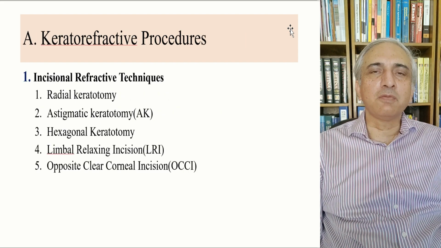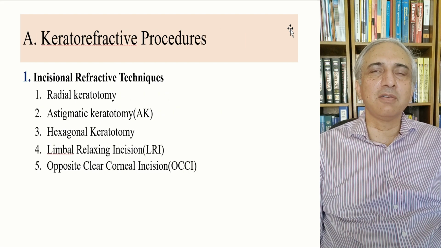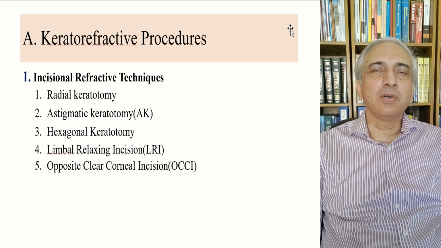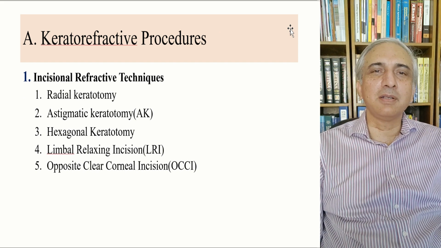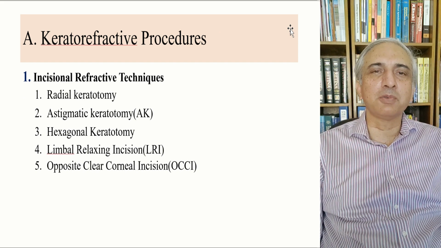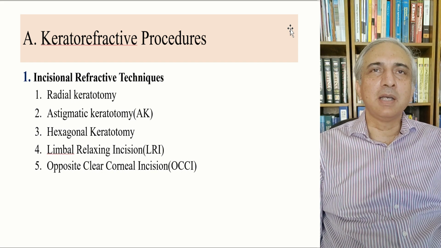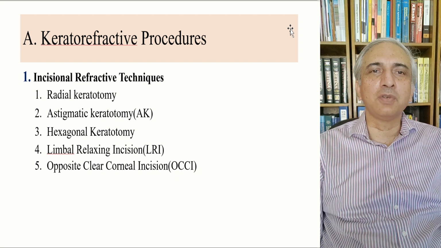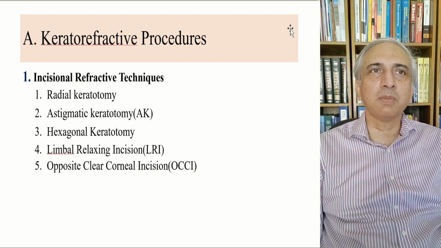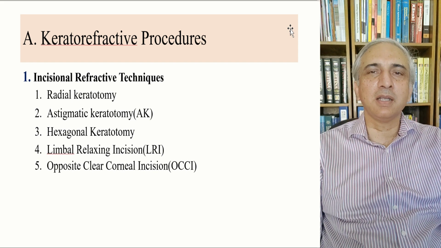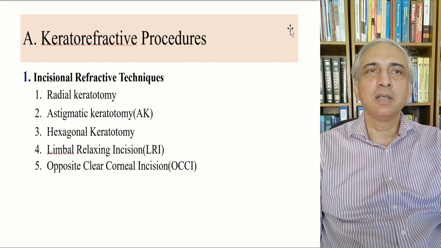We see that the first one is incisional refractive techniques. As you've probably heard about radial keratotomy, it is a procedure which used to be done years ago, but it's been abandoned now. But that was the start of treatment for myopic patients. Then we have astigmatic keratotomy, hexagonal keratotomy, limbal relaxing incisions or LRI, and opposite clear corneal incisions.